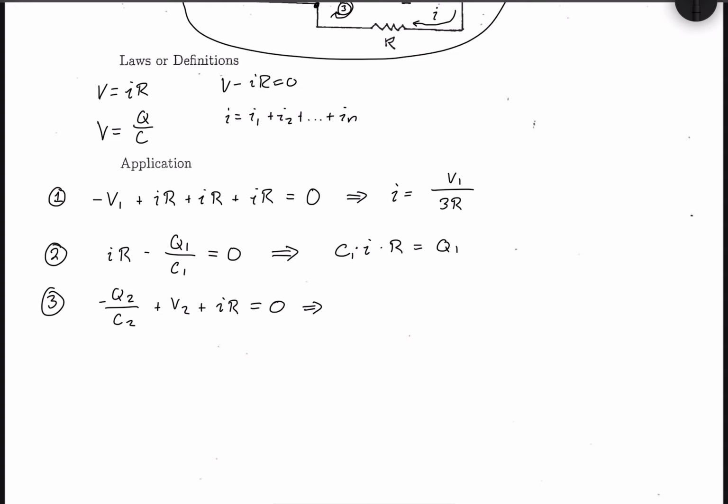We can plug I in for this one and make it a little bit easier, just get rid of one of our R's. So we'd have C2 times V2 plus C2 IR. But you could also just say V1 over 3, because if you plug in V1 over 3R for I, the R will cancel out. And then that will equal charge 2.